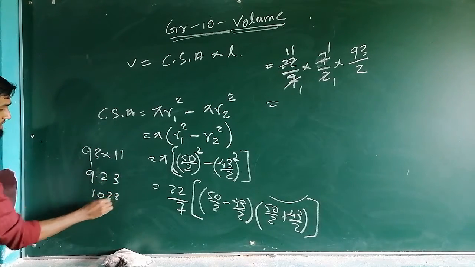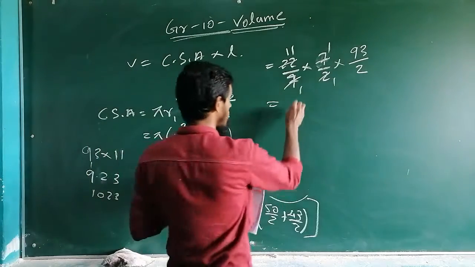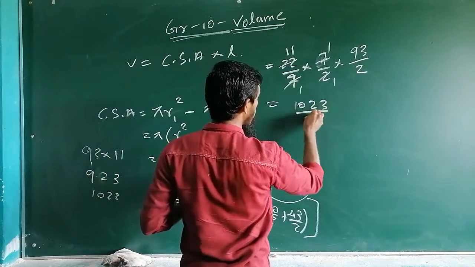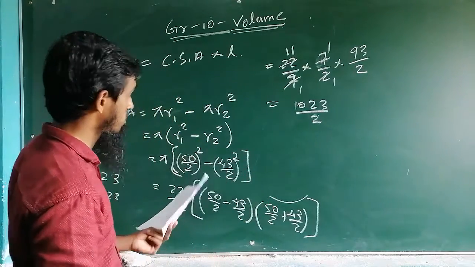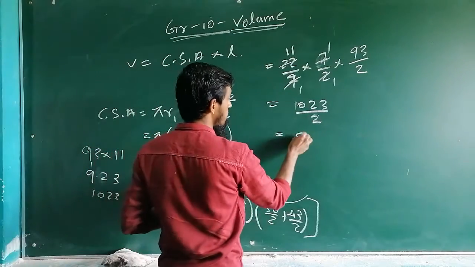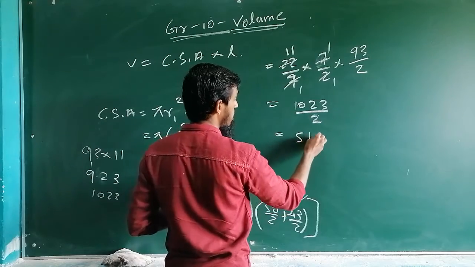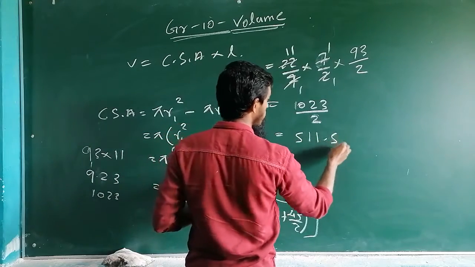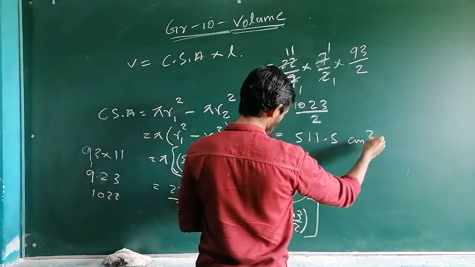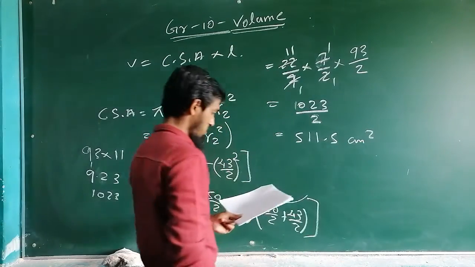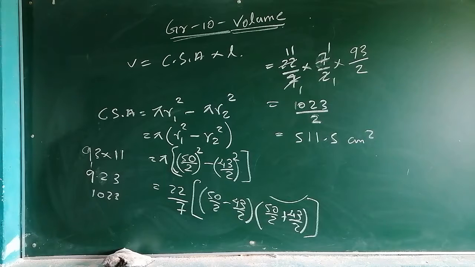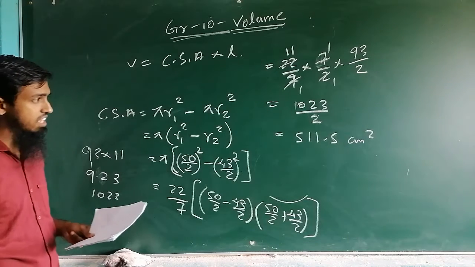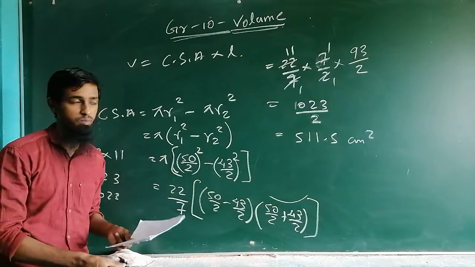So 1023. 1023 over 2 is 511.5 centimeter square. That is the cross-sectional area of this solid shape.